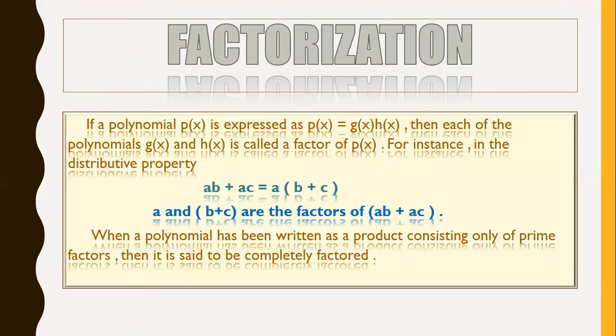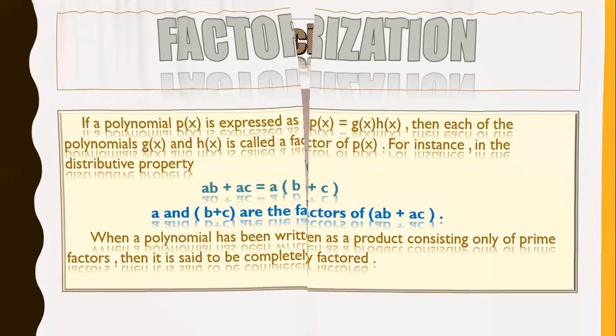Here we take a as a common term. A and b plus c are the factors of ab plus ac. It means that factorization is the procedure in which we convert one polynomial into the product of two polynomials. So this method is called factorization.